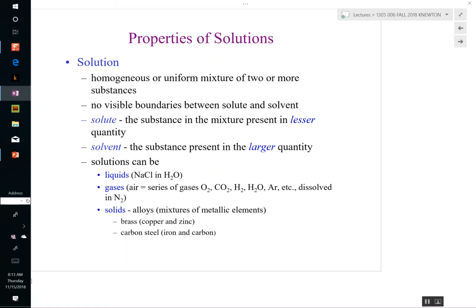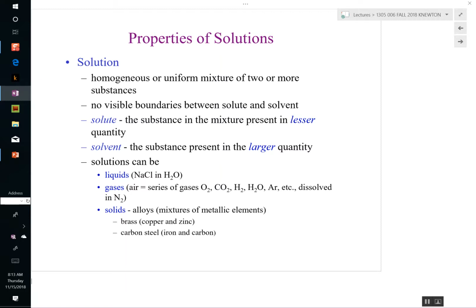You make a cup of coffee. That water is the solvent, and dissolved in there is some coffee or some sugar or whatever. So we've got a solvent. It's the larger quantity substance in the solution, and a solute. The solute is what you're dissolving into it. Now, to just broaden your mind here, solutions can be all kinds of things.